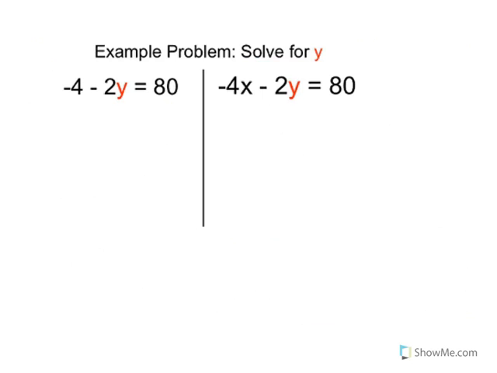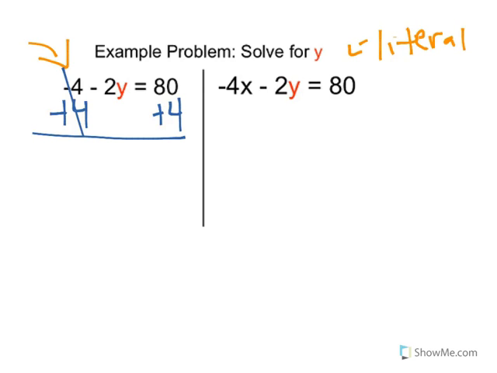So let's look at another example. Over on the left, just a regular equation. There's only one variable. This side is a literal equation because there are two variables. On the left-hand side, the first thing I'm going to do is add 4 to both sides.